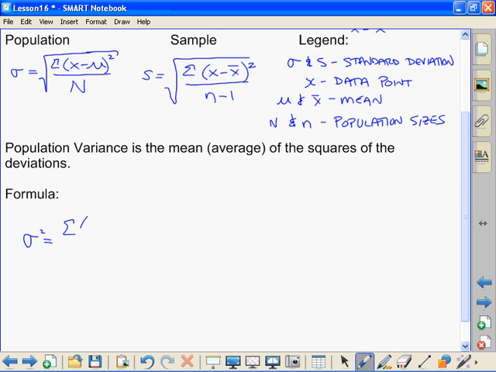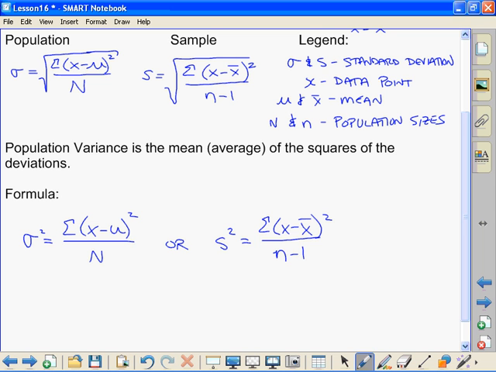It's the same formula as above, manipulated a little bit, and it calculates something else, which we refer to as population variance. The variables are the same, so I don't have to create a new legend for you. The formula just has, instead of a square root, a square.